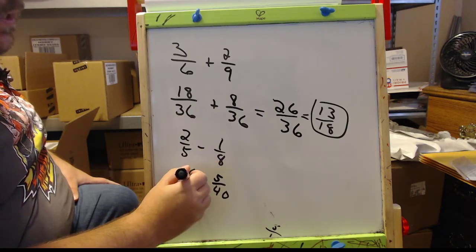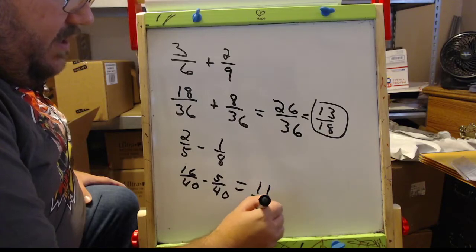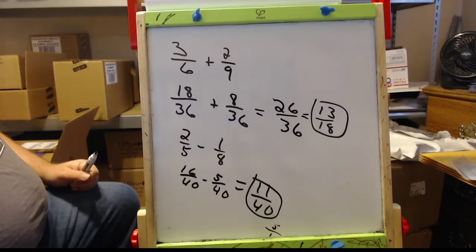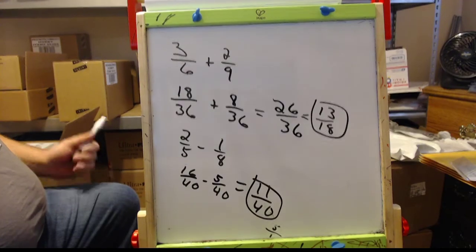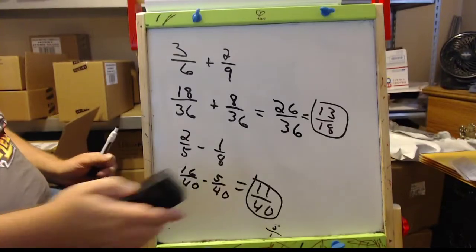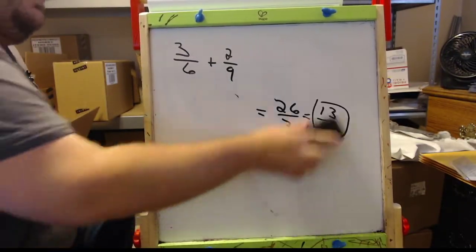So I'm left with 16 minus 5, which is 11, and the 40 stays the same. We're left with 11/40ths. Now, if it's a longer problem, your order of operations, which we talked about in the first chapter, comes into play. You do parentheses and things like that.